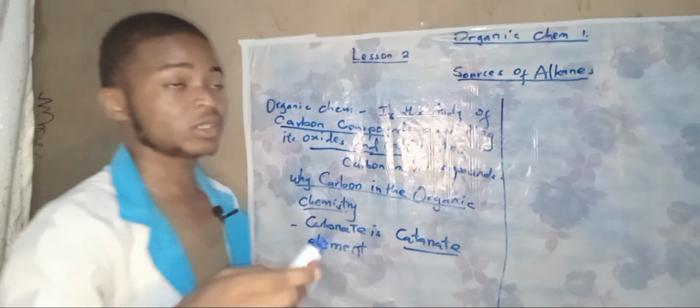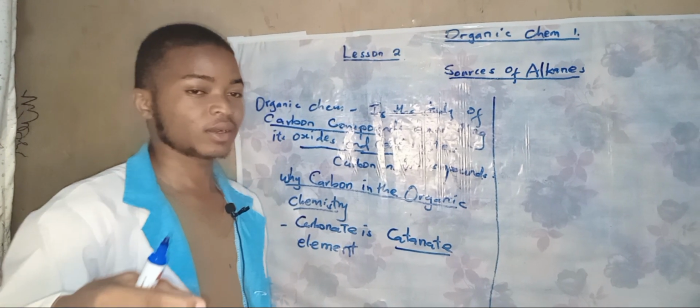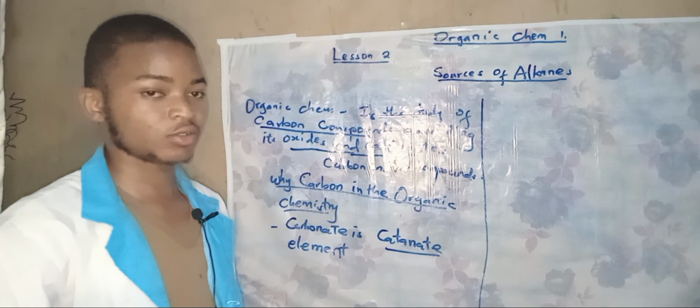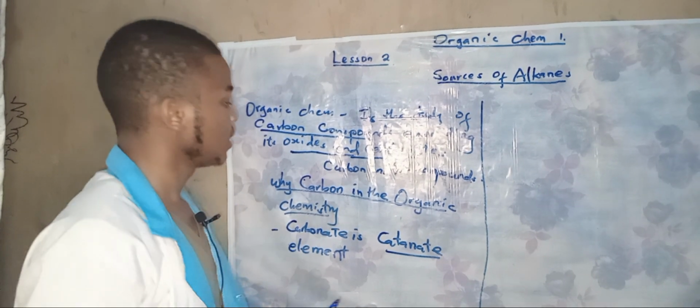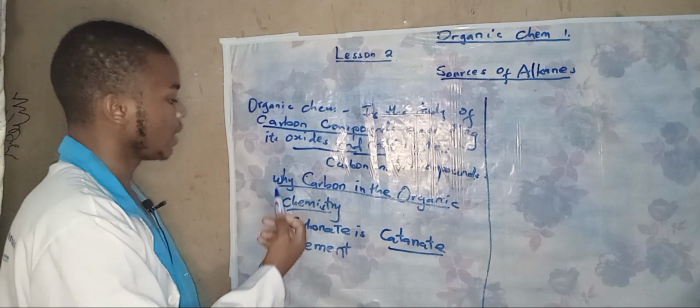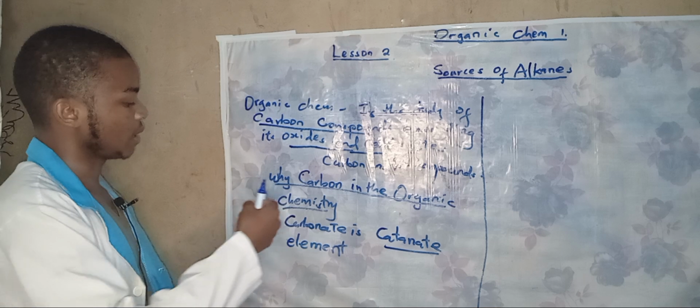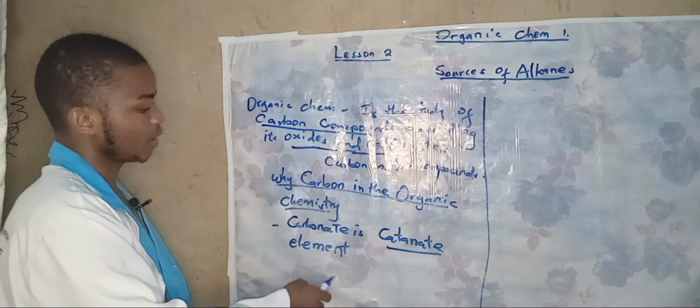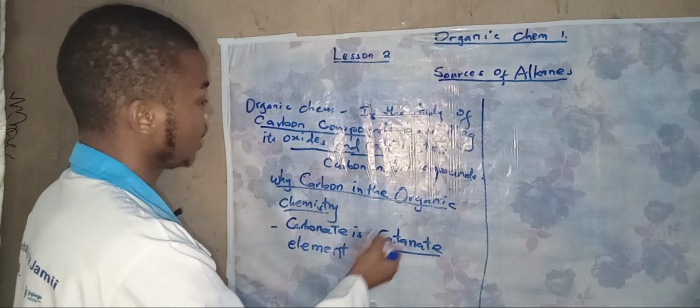So it can bond with those 4 carbon valence electrons with other elements. So why is it catenate? And what's the meaning of the word catenate? Let's discuss it here.